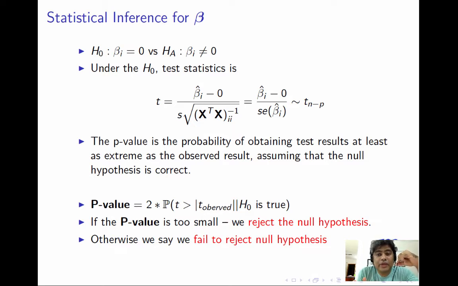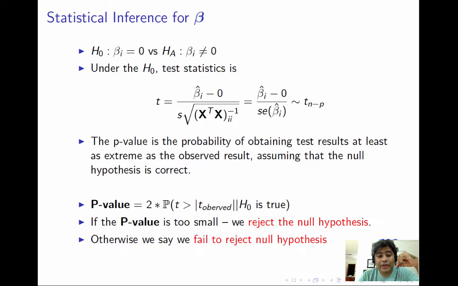Now typically the test is done using the p-value. Here I have written this thing again as the standard error of beta i hat. So basically you take beta i hat, subtract 0, which is your null value, and divide that by the standard error of beta i hat, and that is the test statistic. The p-value is the probability of obtaining a test result at least as extreme as the observed result, assuming that the null hypothesis is correct.